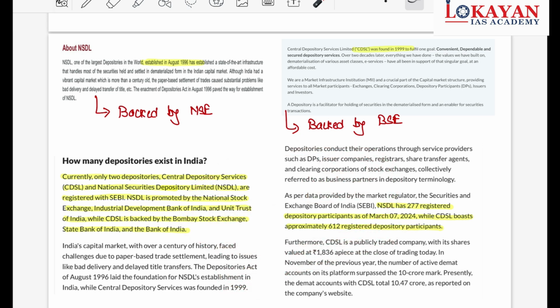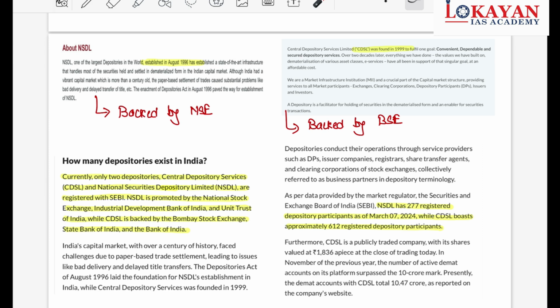Important points regarding NSDL and CDSL: NSDL was established in August 1996 and CDSL in 1999. Remembering the exact year is not important, but remember NSDL was established before CDSL. NSDL is backed by the National Stock Exchange and CDSL by the Bombay Stock Exchange. So remember NSDL N, NSE N.